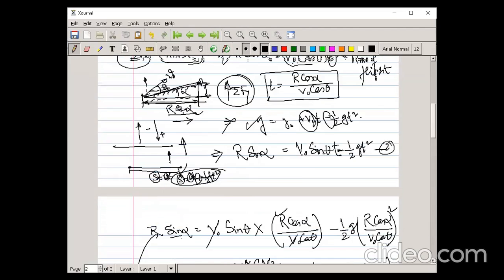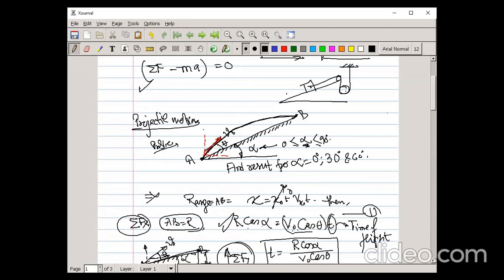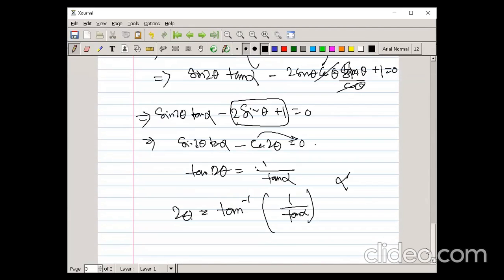The question was, see, find the result for alpha is equal to 0, 30 and 60. Na? So just put tan inverse 1 by tan 0 is equal to 2 theta, right?